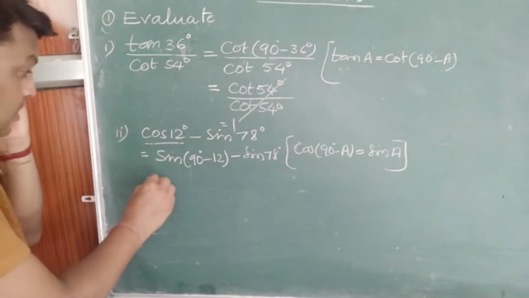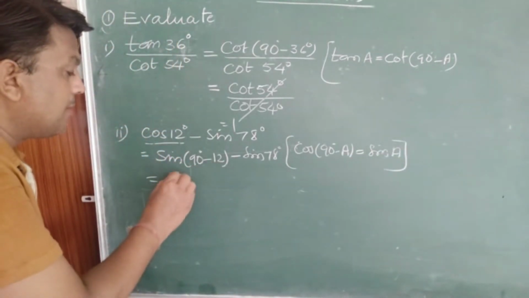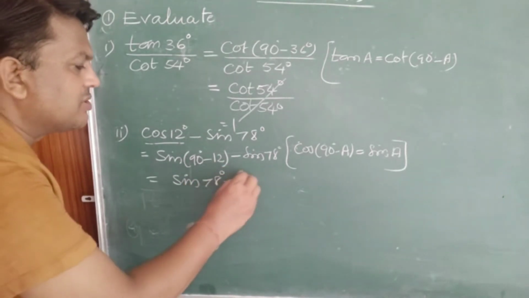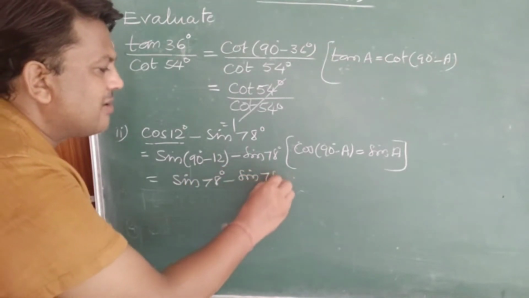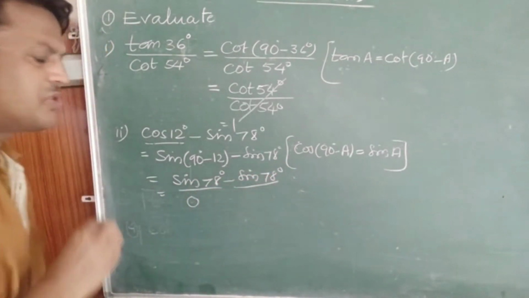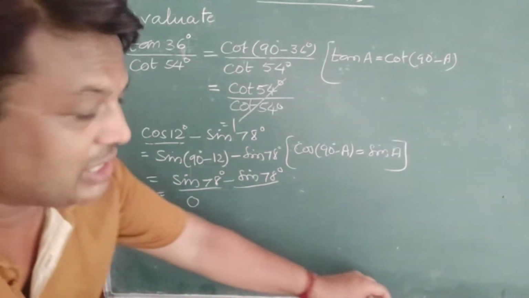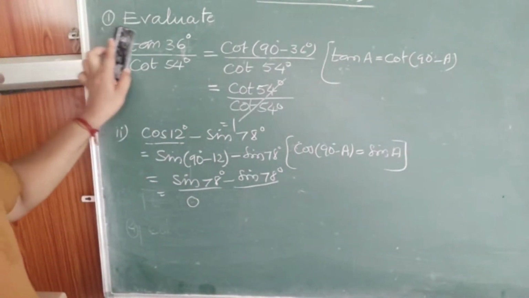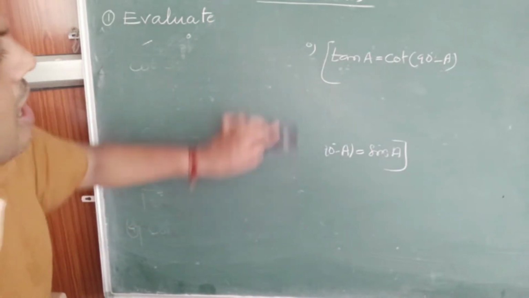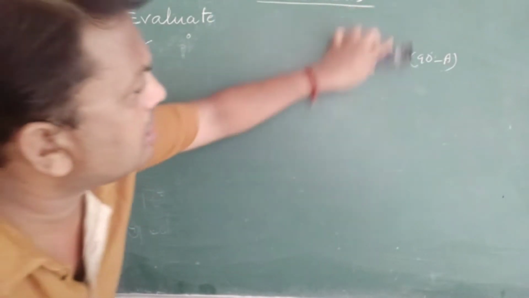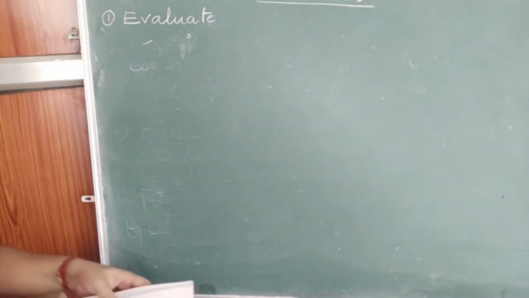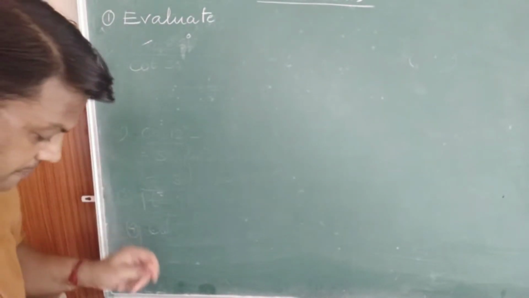Okay, children. So sin 90 minus 12, 90 minus 12 is nothing but 78, so sin 78 degree minus sin 78 degree. How much, children? 0. So I told you now you will get the answer in numerals, either 0, 1, 2, whatever. Either same number minus same number is 0, or same number divided by same number cancels, or whatever, children.